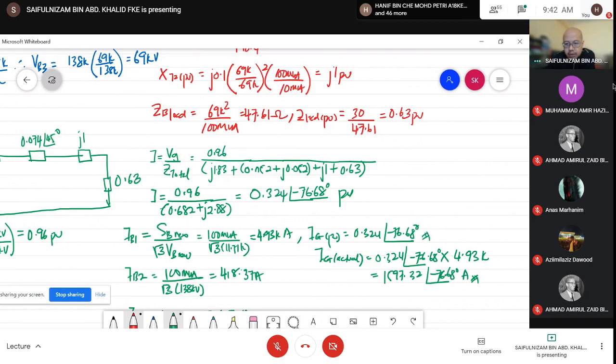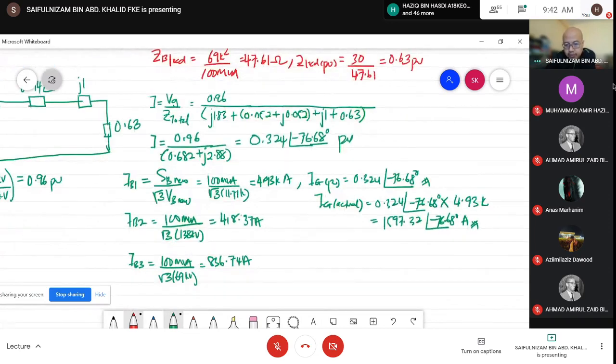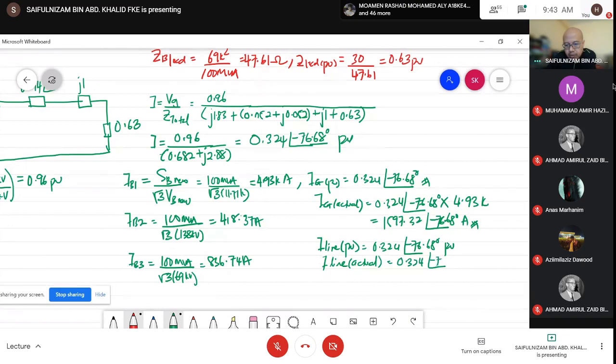Make sure you choose the correct base. For the line at section 2, you should choose IB2. Don't use the other base.